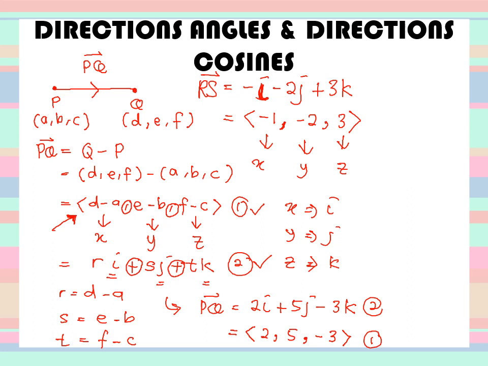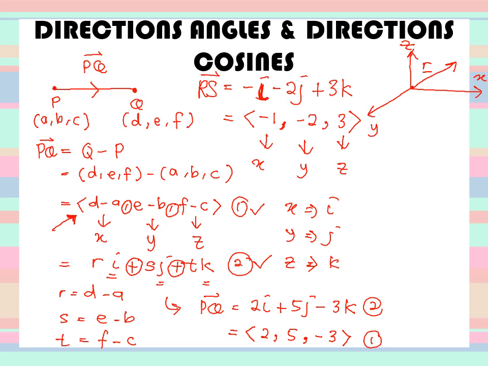Let's say you have a vector on a 3D plane. This is your x, this is your y, and this is your z. You have a vector that I name as vector R. This is a vector on a 3D plane.